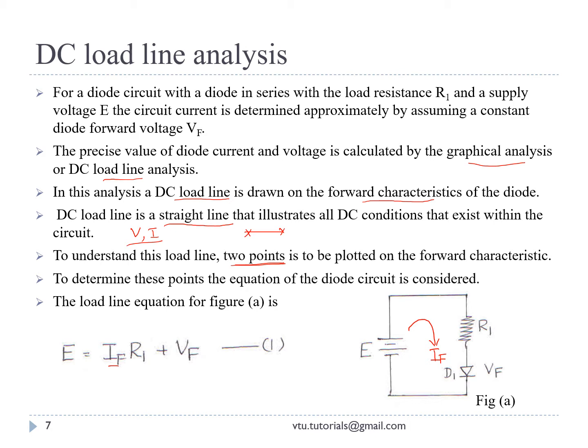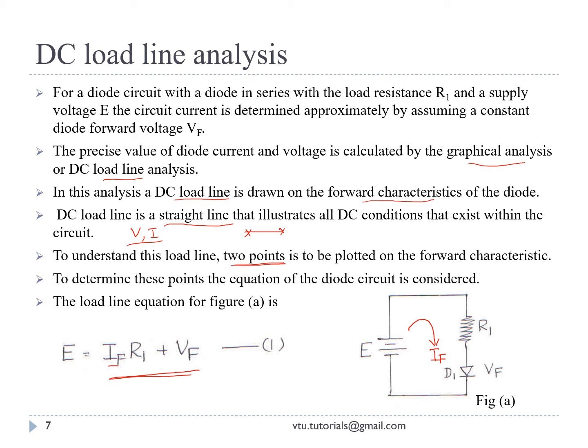To determine these points, we will go with these further equations. For this diode circuit, if we apply Ohm's law, it is E equal to IF R1 plus VF, and we will consider this as the load line equation for our further evaluation.